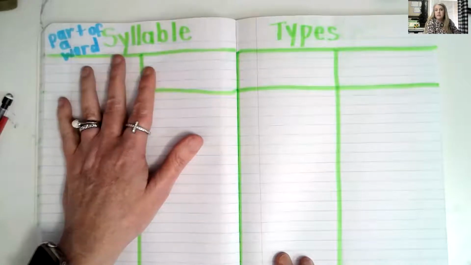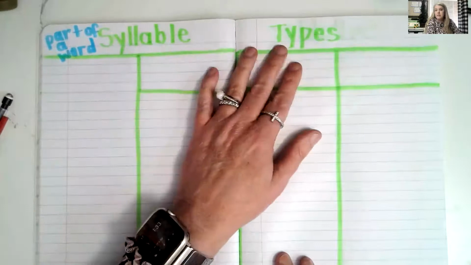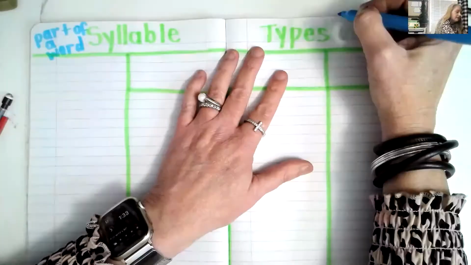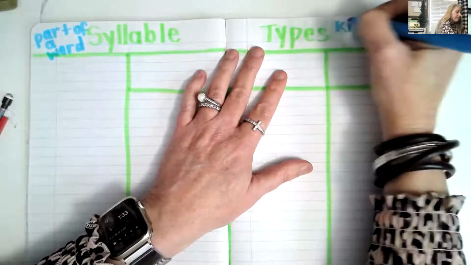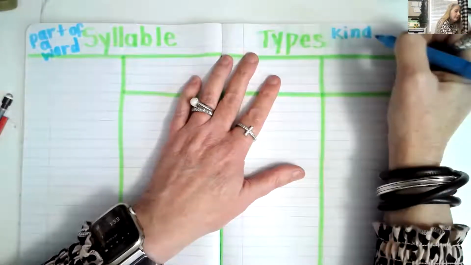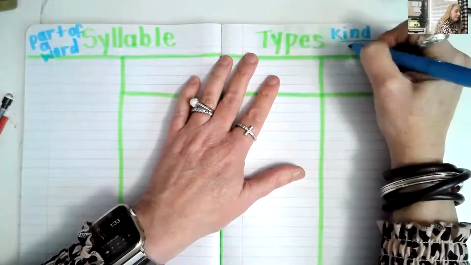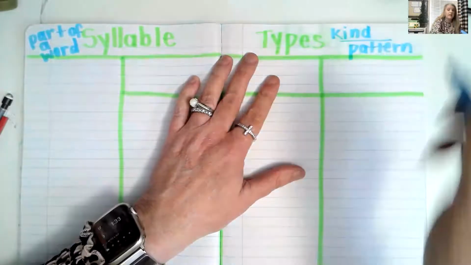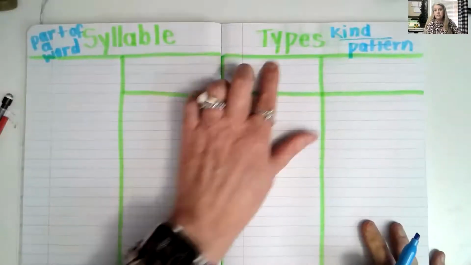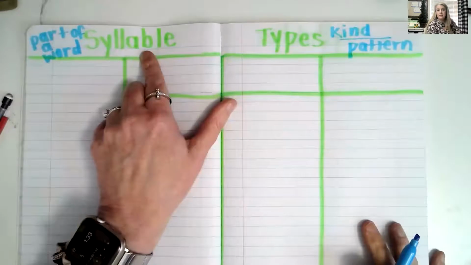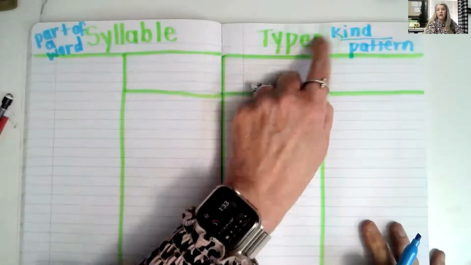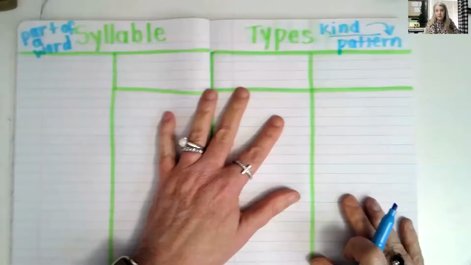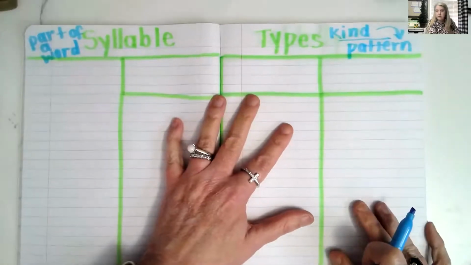So we're going to be learning syllable types. A type of a syllable is a kind of a syllable. So a vowel type is a vowel kind of syllable. And these kinds of syllables have very specific patterns to them. They follow a pattern. Now, what's a pattern?